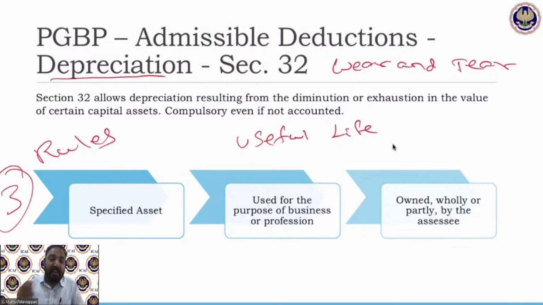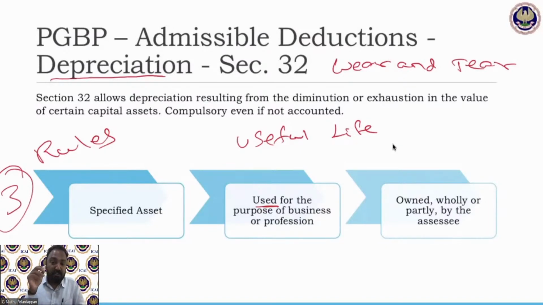The second thing is, it must be used. Please remember the word used. Where else did we understand this concept of used? We understood it in Section 31, where we spoke about eligibility of claiming repairs and insurance of an asset, where we said it is allowed for the person who's using it for their business.